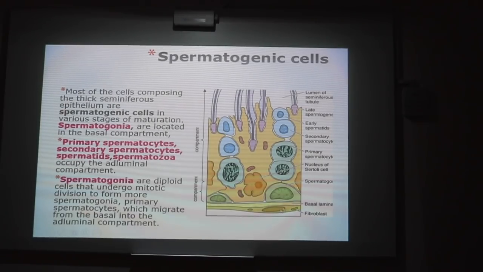Now, the other important thing is that the Sertoli cells, which are mainly columnar cells, have projections in the apical part, and there are lateral projections also. These lateral projections connect the Sertoli cell on this side to the Sertoli cell on this side by tight junctions.